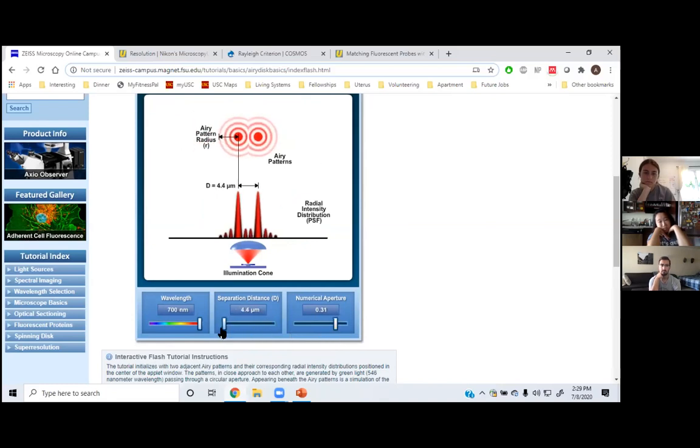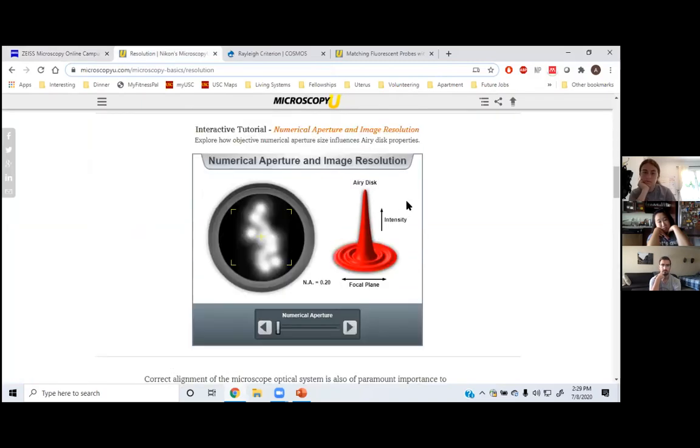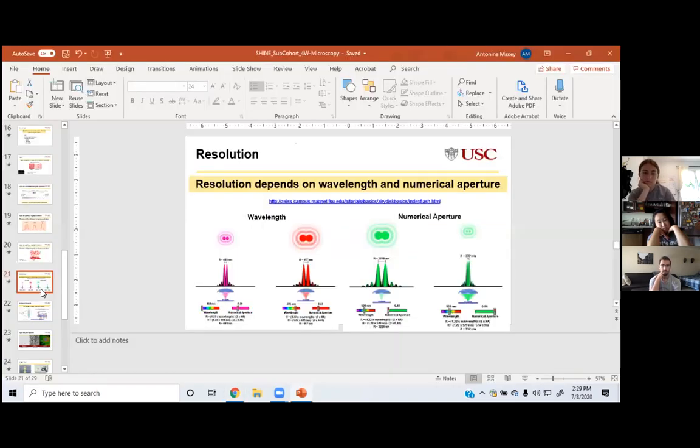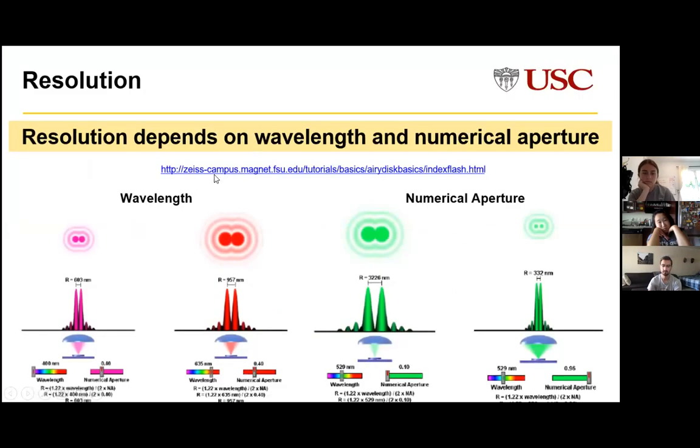But as the distance decreases between the 2 points, you want to be able to leverage the wavelength and the numerical aperture in your microscopy techniques. Let's go back. So here's just another view of what I just showed you about the difference between the wavelength and the numerical aperture and its effects on the resolution.